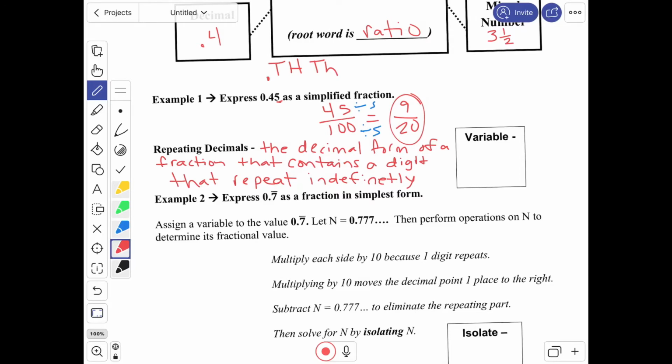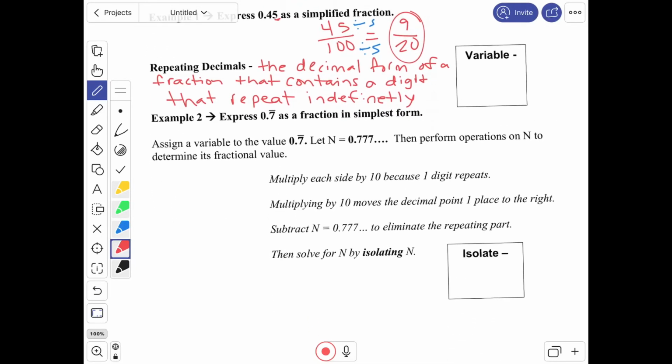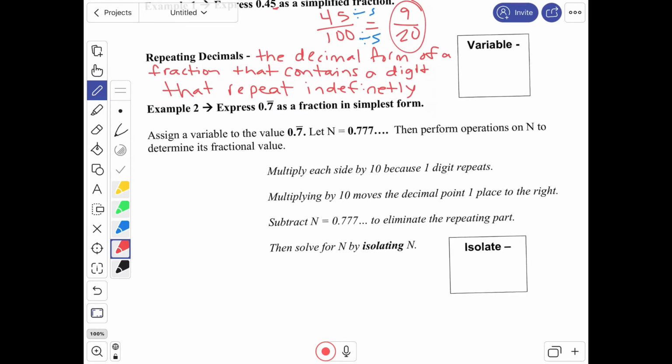For example, we're going to express 0.7 repeating as a fraction in simplest form. We're going to do it algebraically.